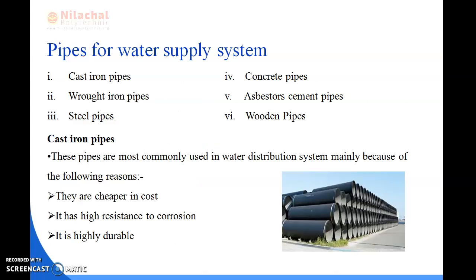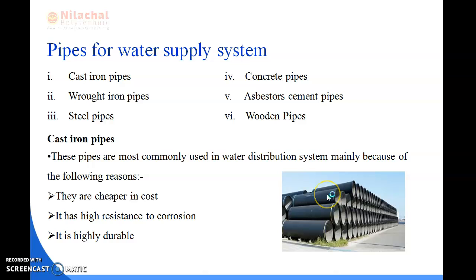Next we will be discussing pipes for the water supply system. What are the types of pipes that are used for the water supply system? First one is cast iron pipes. Here you can see the images of cast iron pipes.